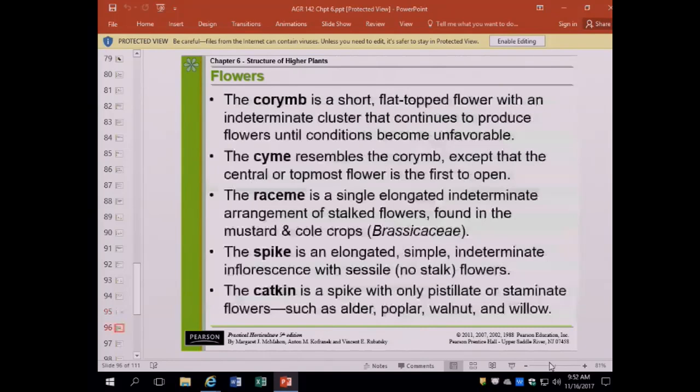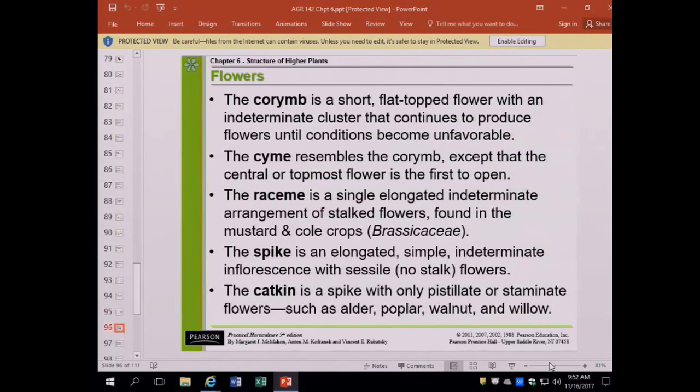We're talking now about descriptions of different types of flowers, and I'm not going to hold you responsible for these because they're different. It talks about a cyme and a raceme and a spike and a catkin. They are just different formations of different flowers, and it gets to be a little cumbersome.